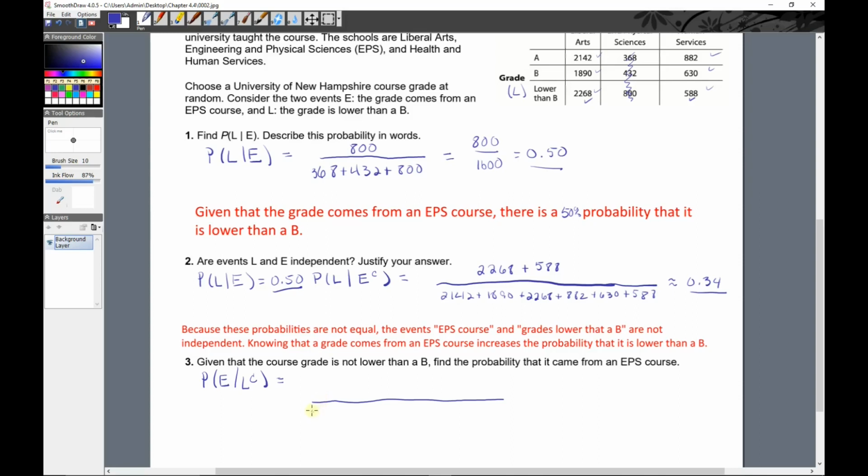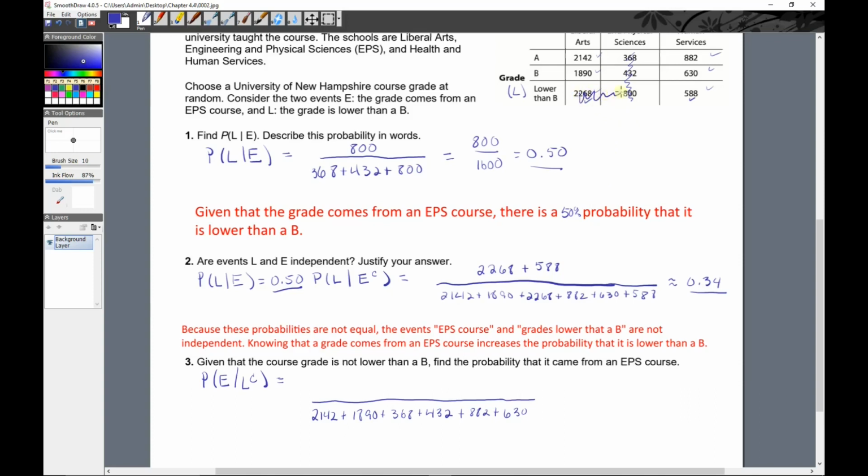So here goes: 2142 plus 1890 plus 368 plus 432 plus, all right, now we're over here, 882 plus 630. Right, that's what we've been restricted to.